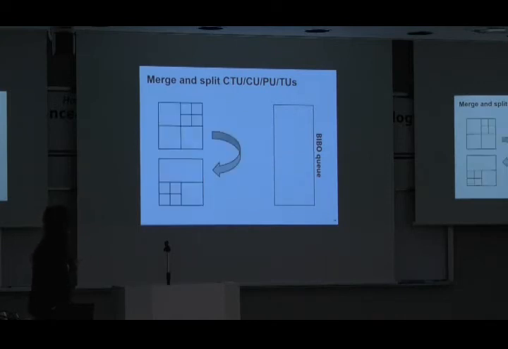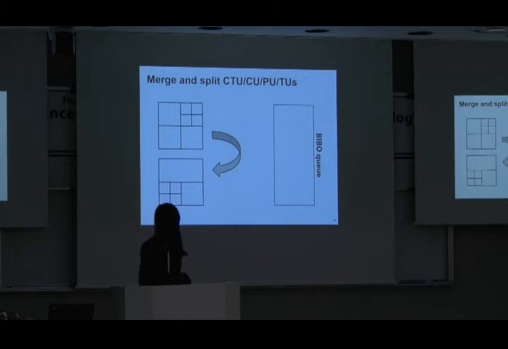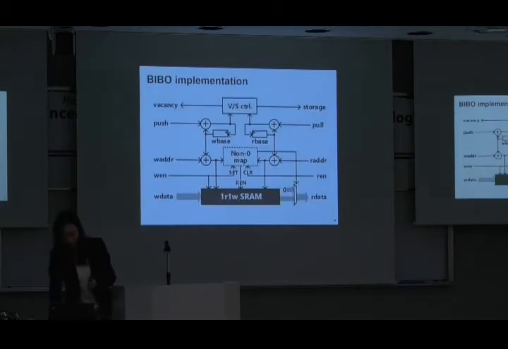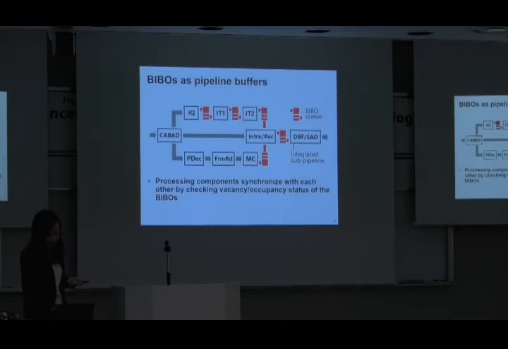So now we find that after using the BIBO, if the previous component is processed like this, for the current component we can use totally different partitions for the next component. And here is the BIBO implementation. We only need to know the vacancy and the storage of the BIBO, and we can realize the BIBO architecture.